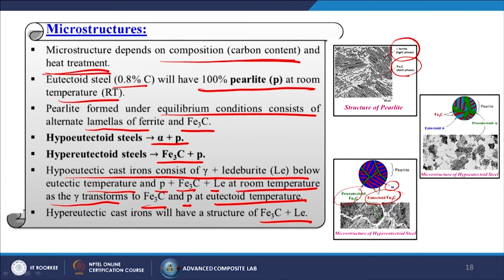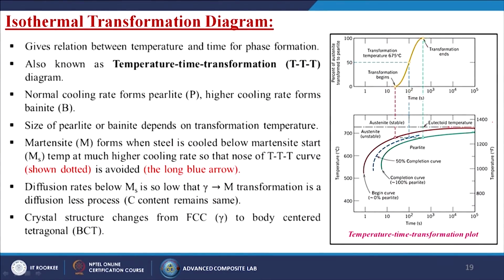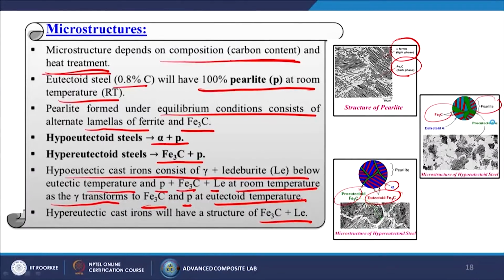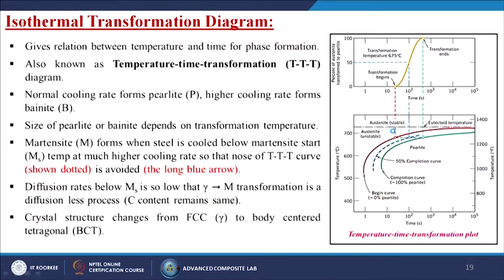You can get the Fe3C, the pearlite, the proeutectoid alpha, but in this particular case you can see the grain structure is totally different than in the microstructure of the hypereutectoid steel. So, you are getting the proeutectoid Fe3C, eutectoid Fe3C, alpha and the pearlite. So, the microstructure is totally changing.